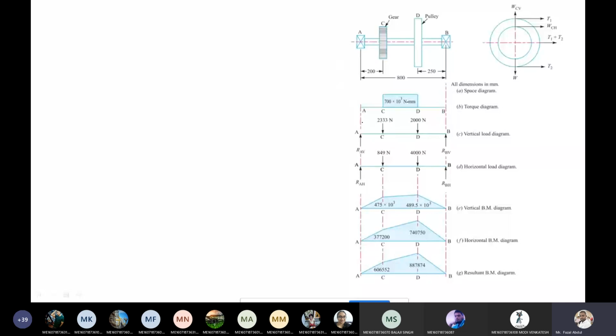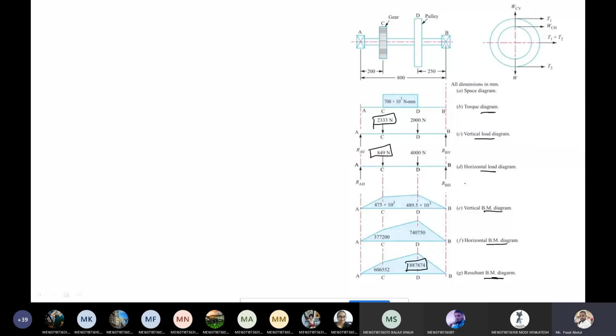That horizontal load, see here, 2,333. Here it is representing 849. Here it represents the vertical load. First the space diagram, second the torque diagram. Torque value we calculated, 700 into 10 cube. Then the vertical load diagram, then the horizontal load diagram. Vertical bending moment diagram, horizontal bending moment diagram, resultant bending moment diagram. In the resultant bending moment diagram, you will get the maximum bending moment. Which one is the maximum bending moment? This is the maximum bending moment.